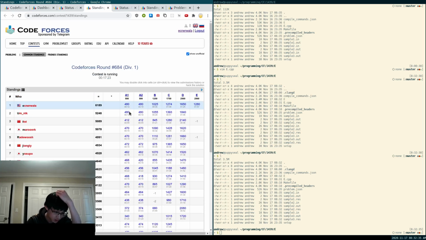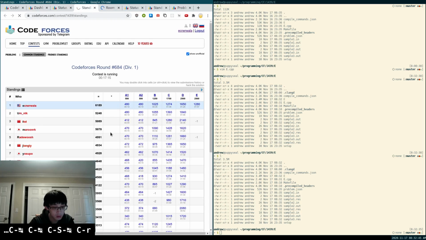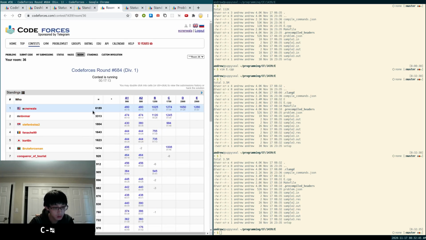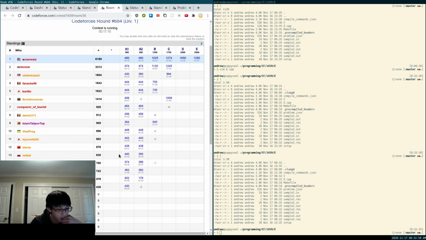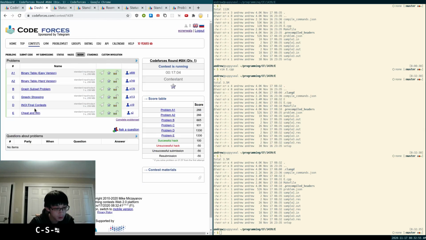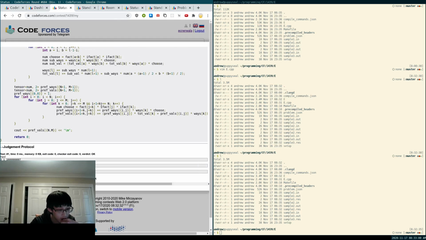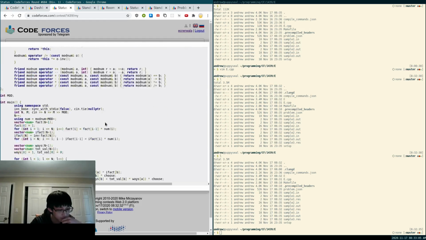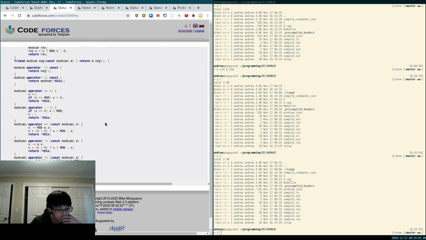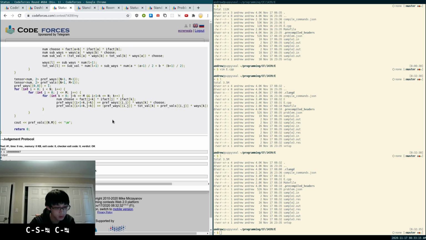GG. I guess I should spend some time looking for hacks, because there could definitely be some hacks. Interesting. This n cubed is still a little bit slow, because it's n cubed mods, right?